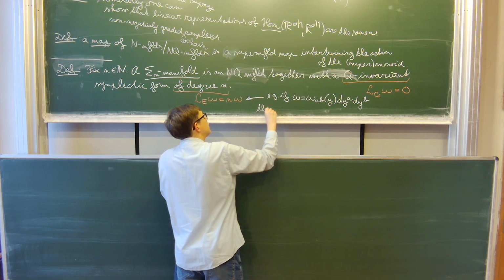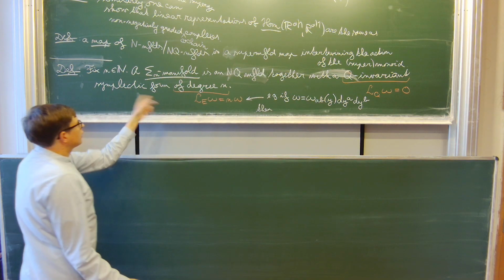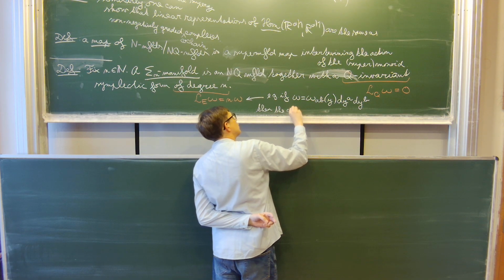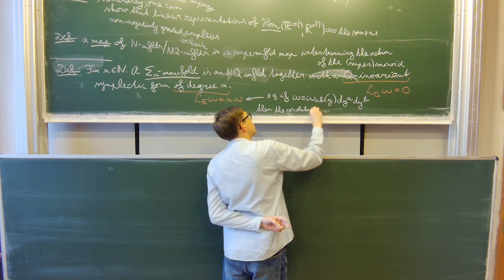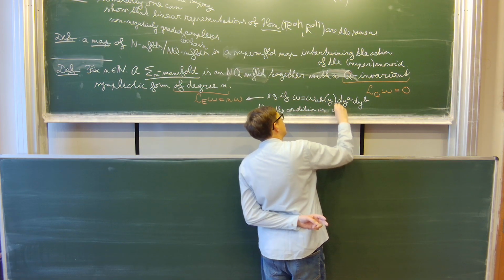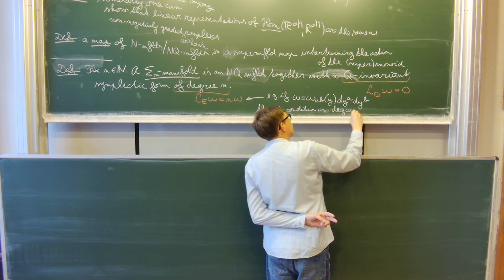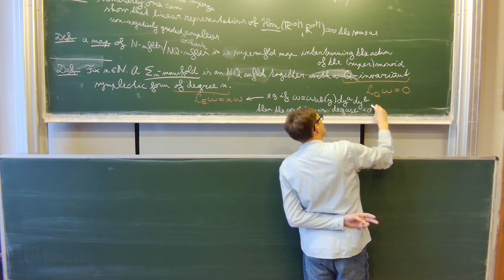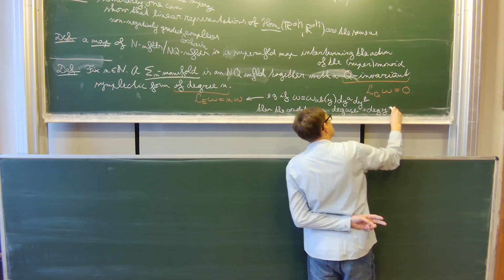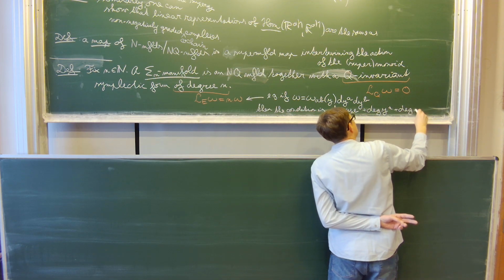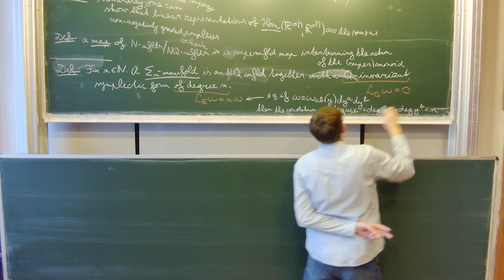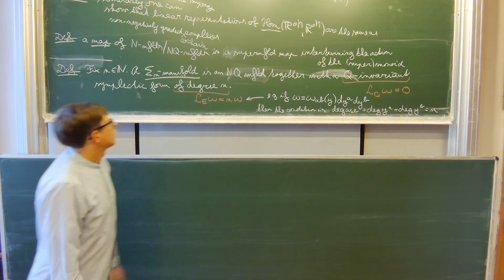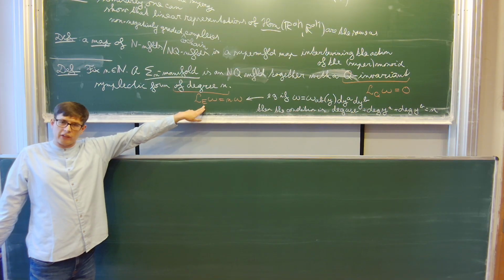If we want this to be degree n, then the condition is that the degree of the function, because it depends on the y's, plus the degree of ya plus the degree of yb is equal to n. The moral is that you count everything, but as if there were no d's.